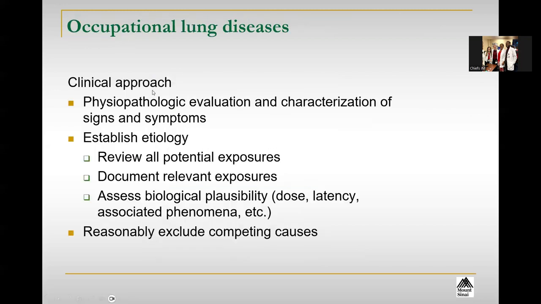The clinical approach to occupational lung diseases can be summarized as three major points. One, there is first a physiopathologic evaluation and characterization of signs and symptoms, as you would do with any potential respiratory disease. Then you try to establish the etiology.